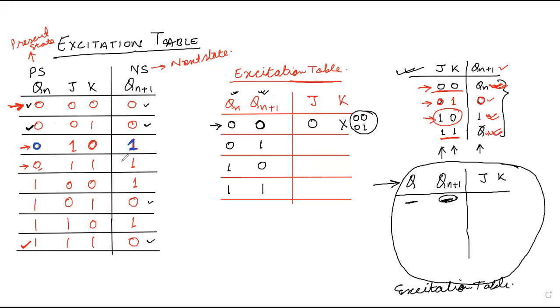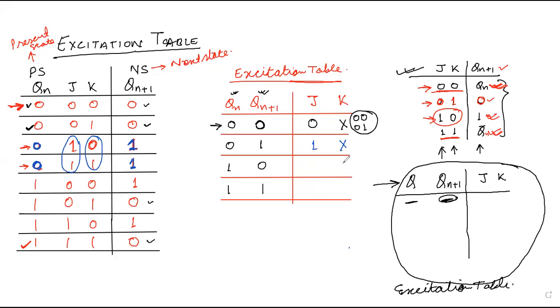So what are we getting here? Here we have K is equal to either 0 or 1, but J should be equal to 1. Yes sir, J should be equal to 1 and don't care about the value of K.